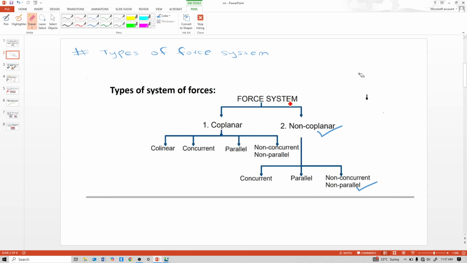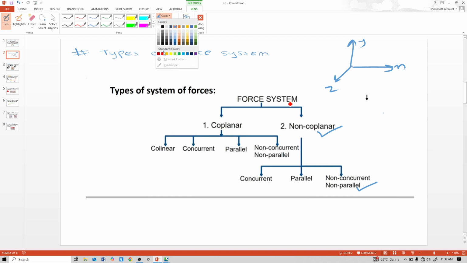And non-coplanar non-concurrent force system. Non-coplanar non-concurrent force system means one force is here, one force is here, and other forces are here, so all the forces' lines of action are different.